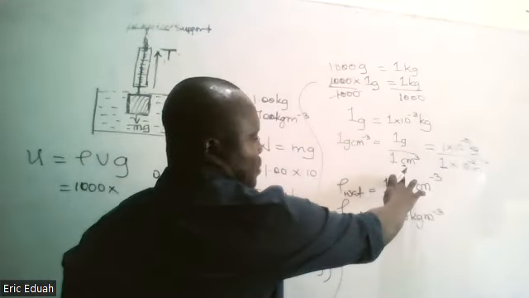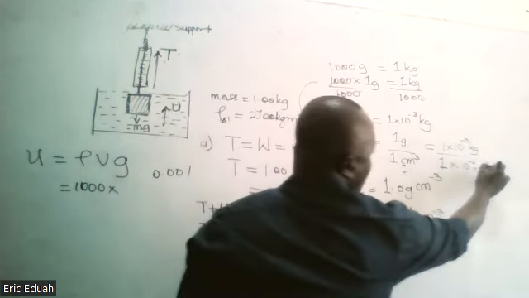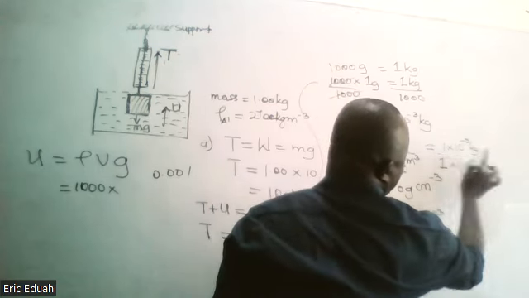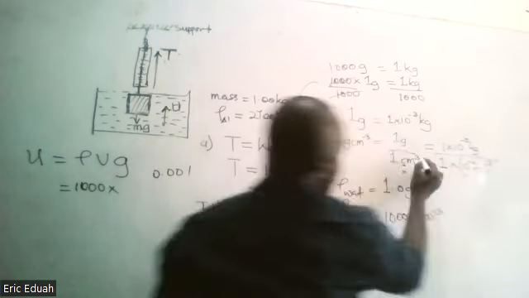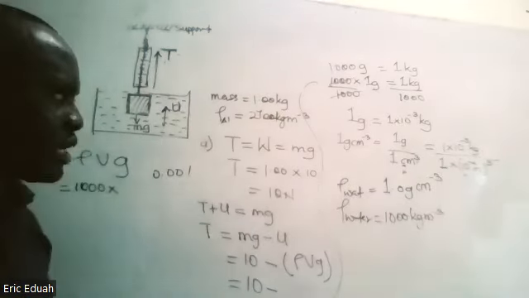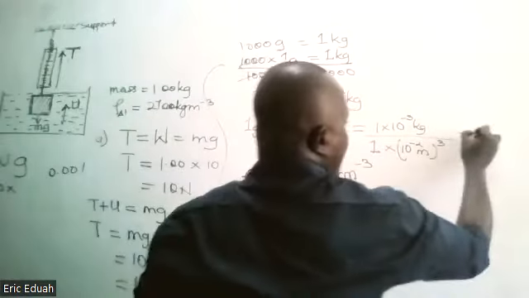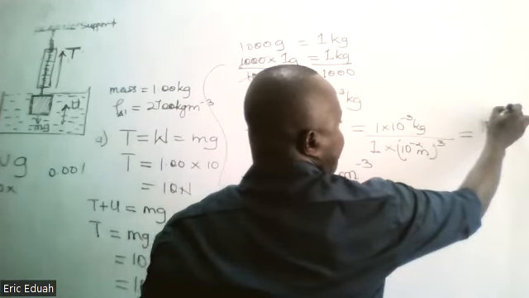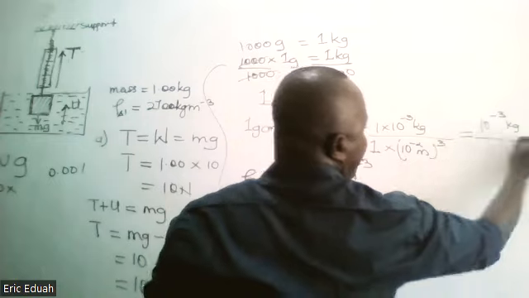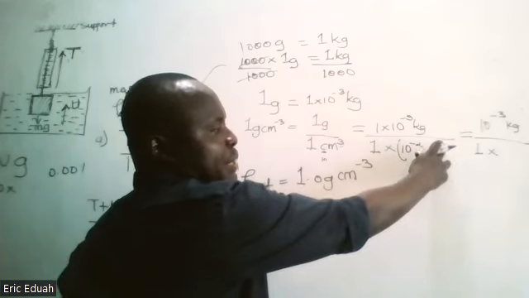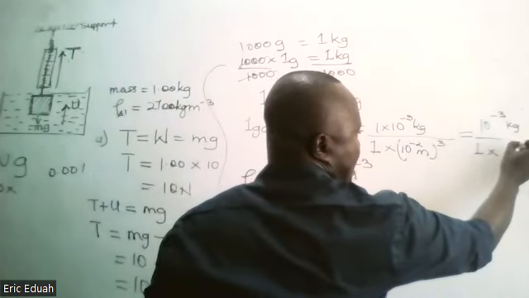So we are substituting 10 to the power negative 2, with m still there, all raised to the power 3, because of this power here. Class, are we okay? Good. So when you do this, you have 10 to the power negative 3 kilograms divided by 1 times 10 to the power negative 2 all raised to the power 3, which is equal to 10 to the power minus 6.